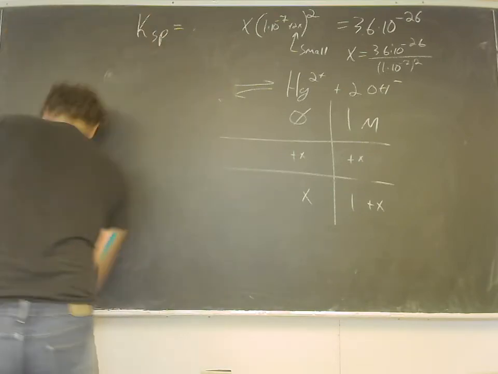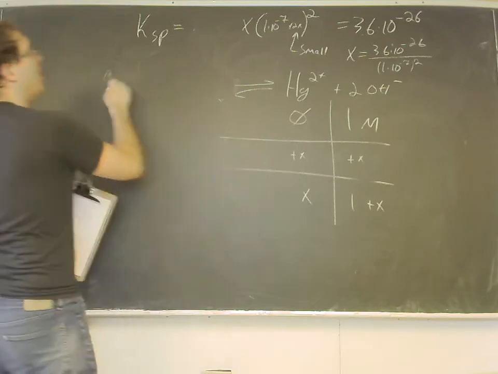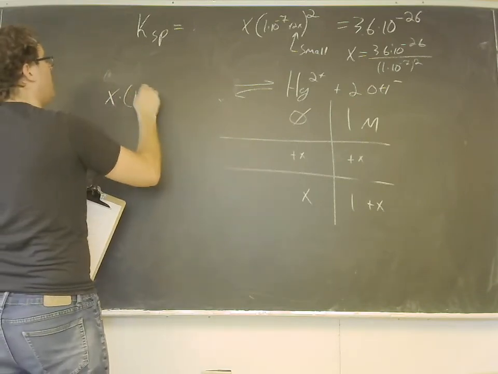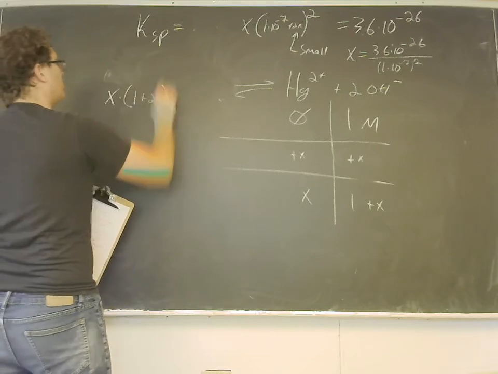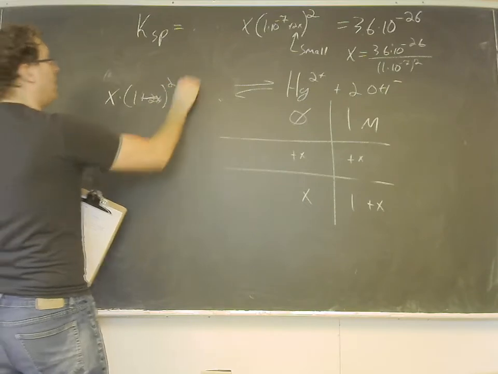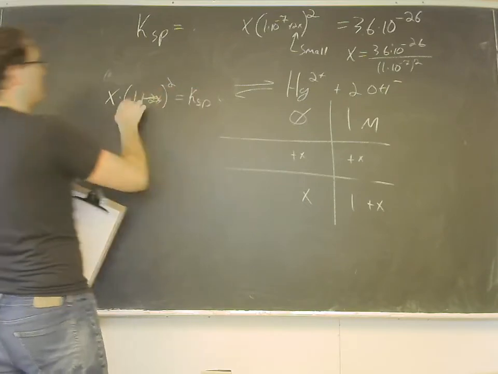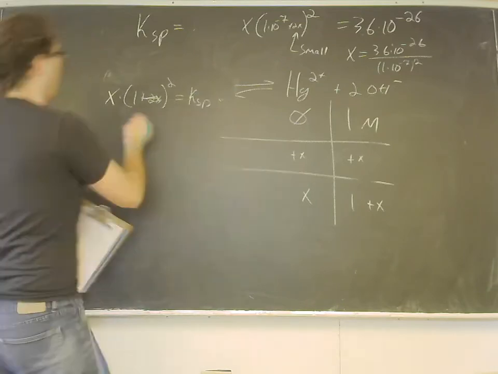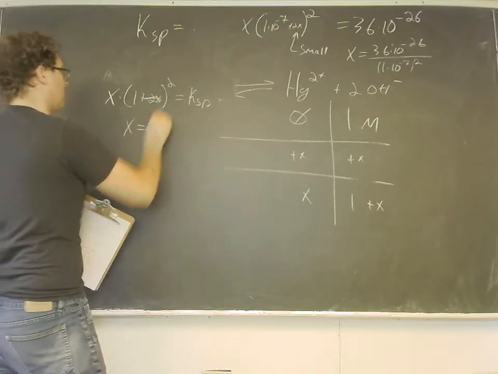If we have 1 molar sodium hydroxide, then this becomes x times 1 plus 2x squared, and that 2x is going to be small, so that's just a 1 squared. And what's 1 times 1? It's 1. And x in this case will just equal KSP.